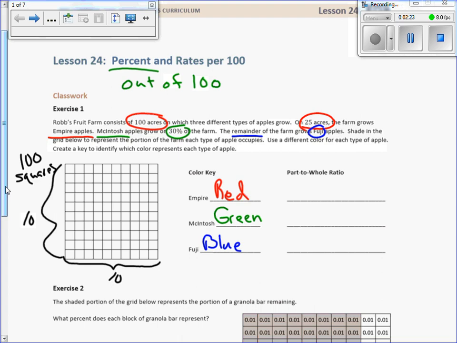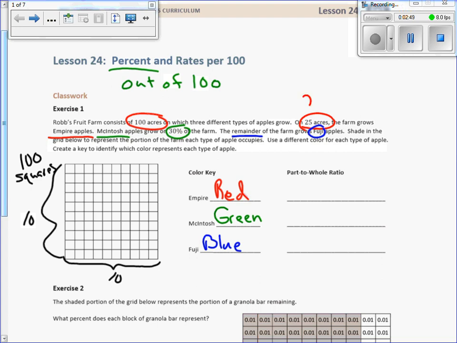It says to use a different color for each type of apple and create a key to identify which color represents each type. As long as you color in the right number of squares, there's no wrong way to do this. You can do it vertically, horizontally, whatever. I'm going to start with the given. Empire apples, 25 acres. Since we have 100 acres, that's 25 out of 100, that's 25%.